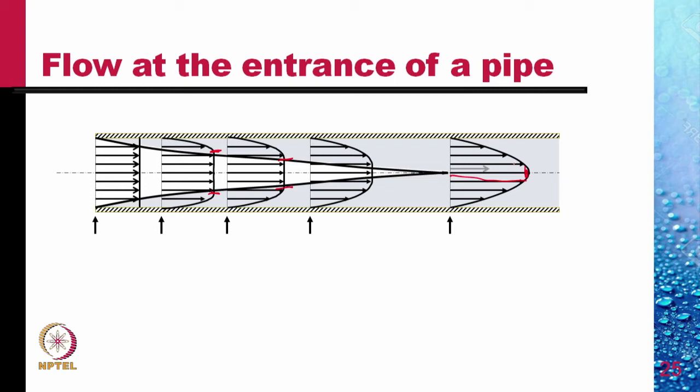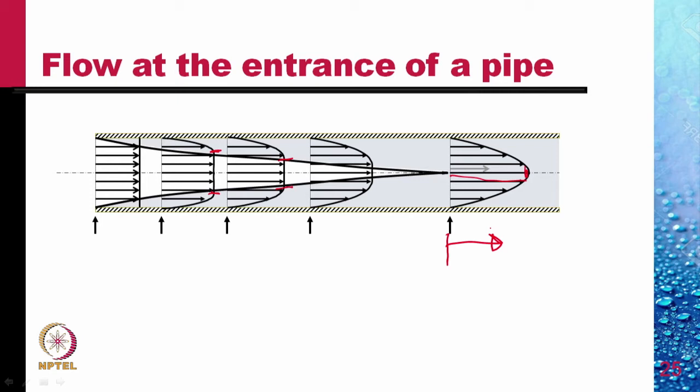In this picture, the shaded area is the area that has been affected by viscosity. The remaining area is unaffected area. It's called the core area. After this length, the velocity profile does not change, and we say that the flow is fully developed.